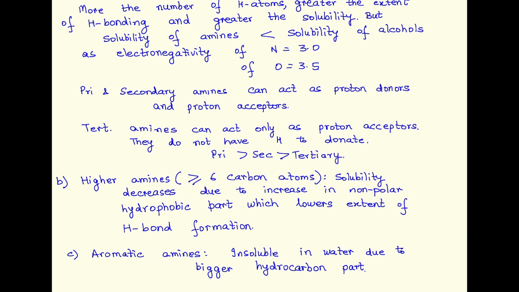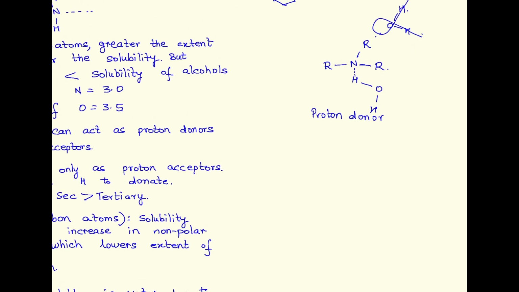Also, with an increase in the number of alkyl groups, so you see over here, in the case of primary I have only one alkyl group. In the case of secondary I have two alkyl groups. Now this alkyl group does not like water. Hydro means water, phobic means does not like. It has this phobia of water.